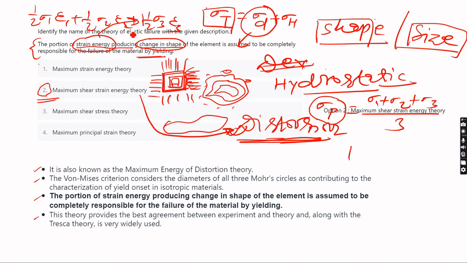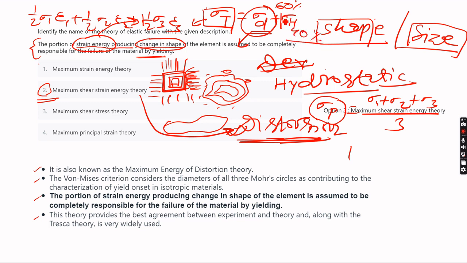If you put all the values of epsilon 1, epsilon 2, epsilon 3 in terms of sigma, you will get a big expression like 1 by 2E in brackets, sigma 1 square plus sigma 2 square plus sigma 3 square, and so on. That is your total strain energy. In that whole energy you have two parts, maybe 60% and 40%, or anything else.